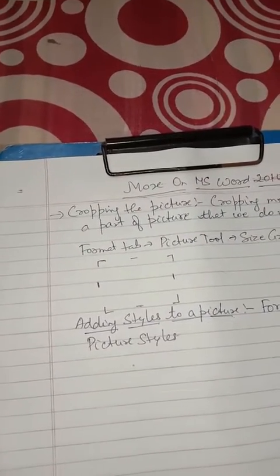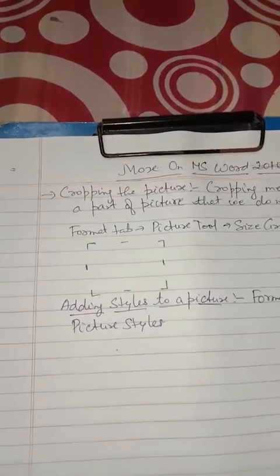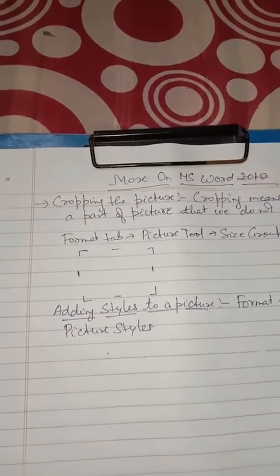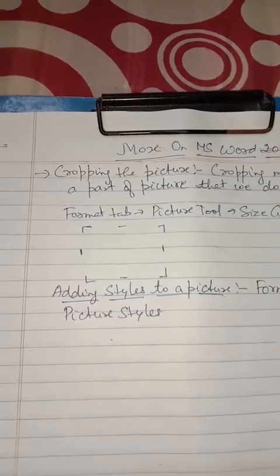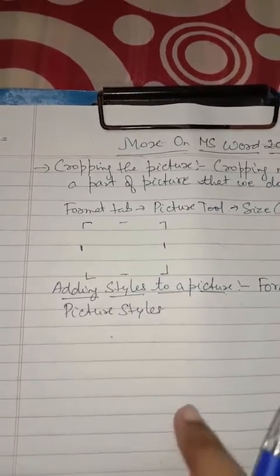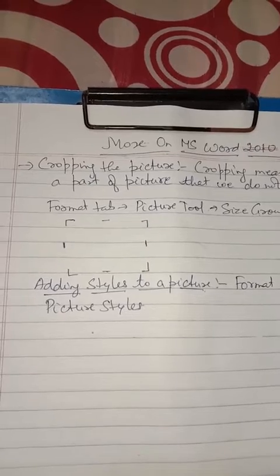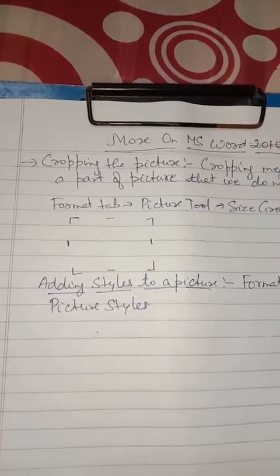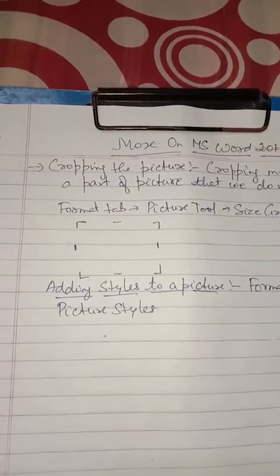As soon as you click on picture styles, different types of styles will appear before you. You can click on any of the styles that you want to add on your picture and press the enter key. That style will be added to your picture. So it is a type of border or shading that is applied to the picture that you have selected. So these are the styles that can be added to a picture.